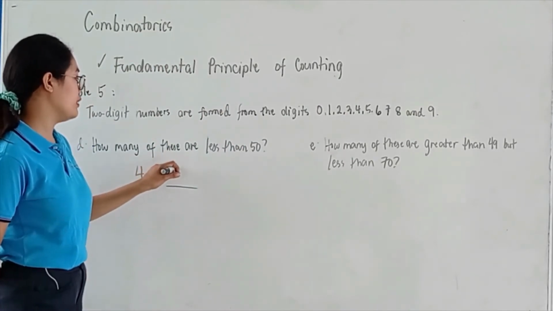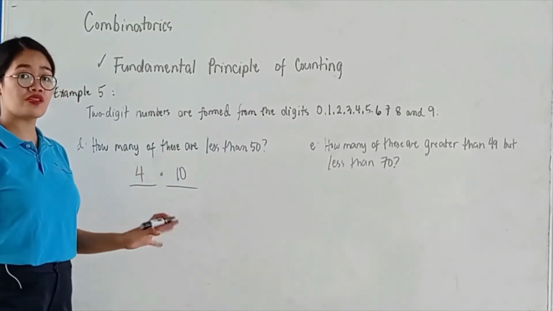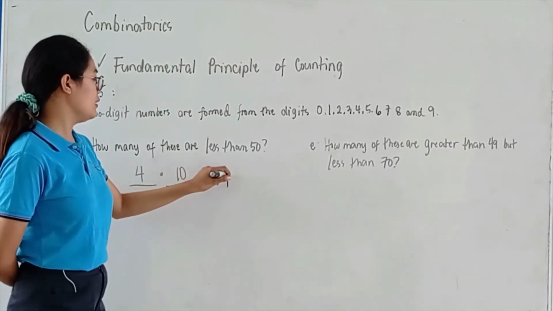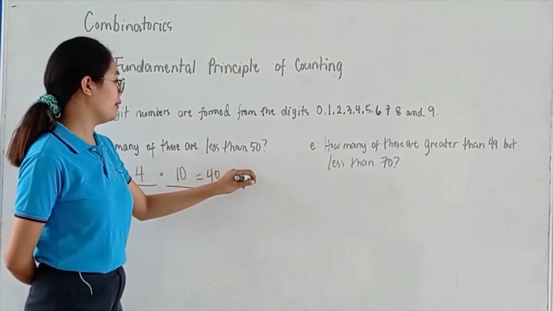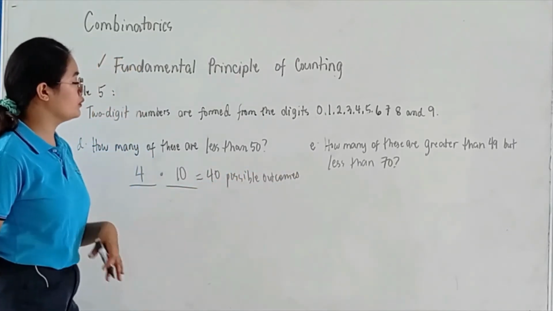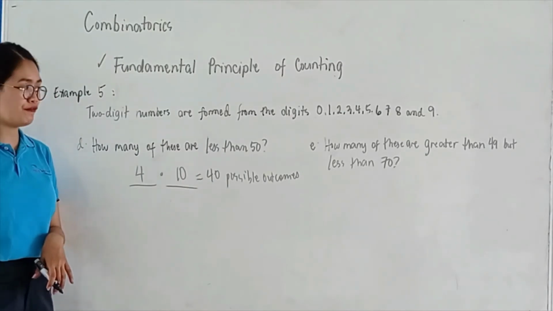So we have 10 possible options for the second position, giving us a total of 40 possible two-digit numbers that are less than 50.